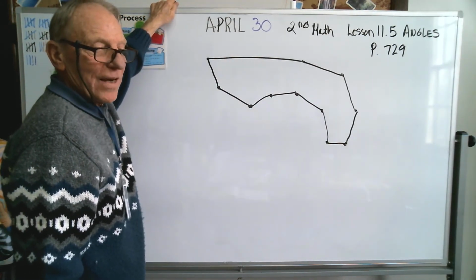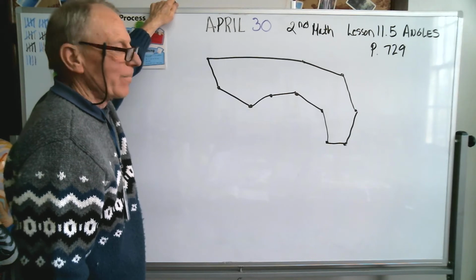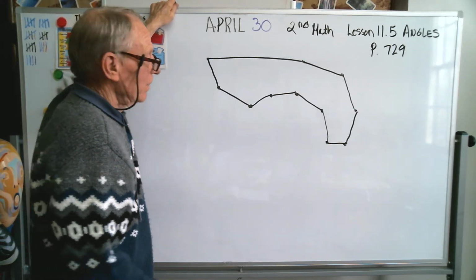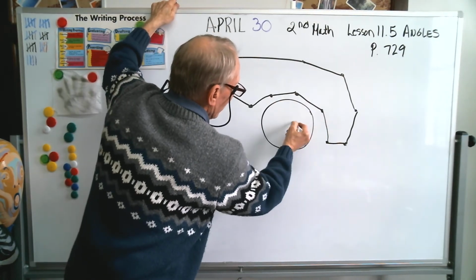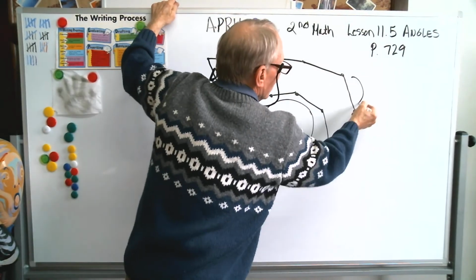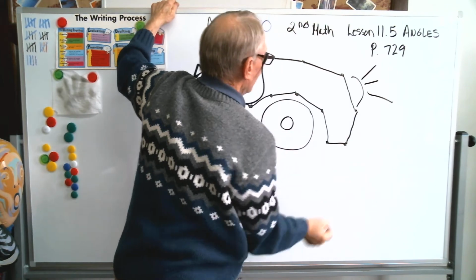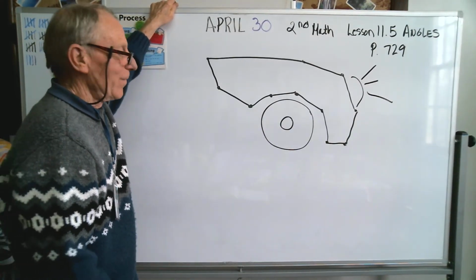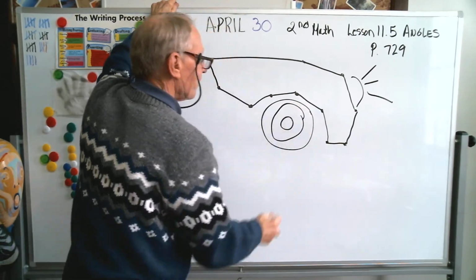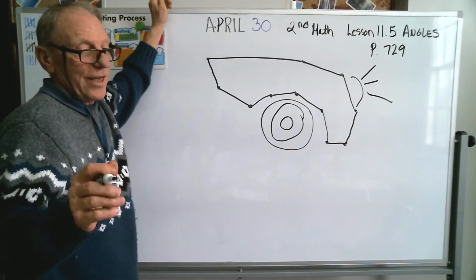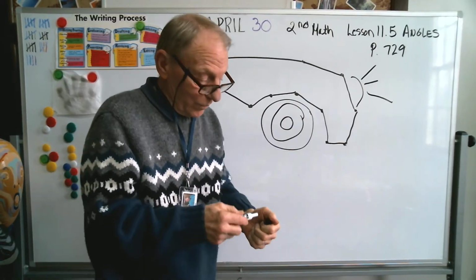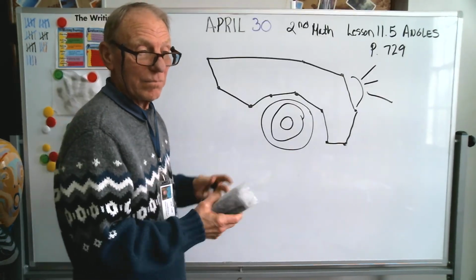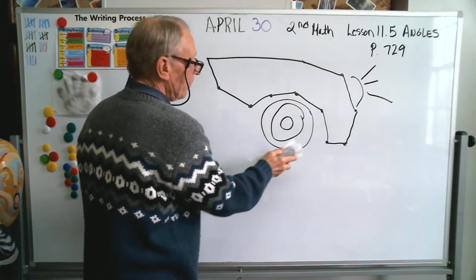It looks like the fender off an old Ford. You don't think so? Well, you put your tire here, your headlight. Now, does it look like a fender off an old Ford? Let's give it a hubcap. Just kidding. Anyhow, all I did was make 11 dots and then tied them all together.